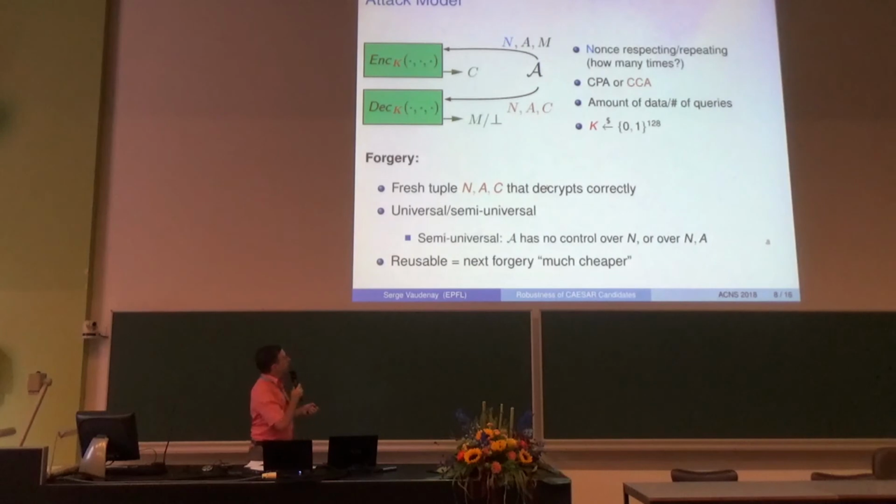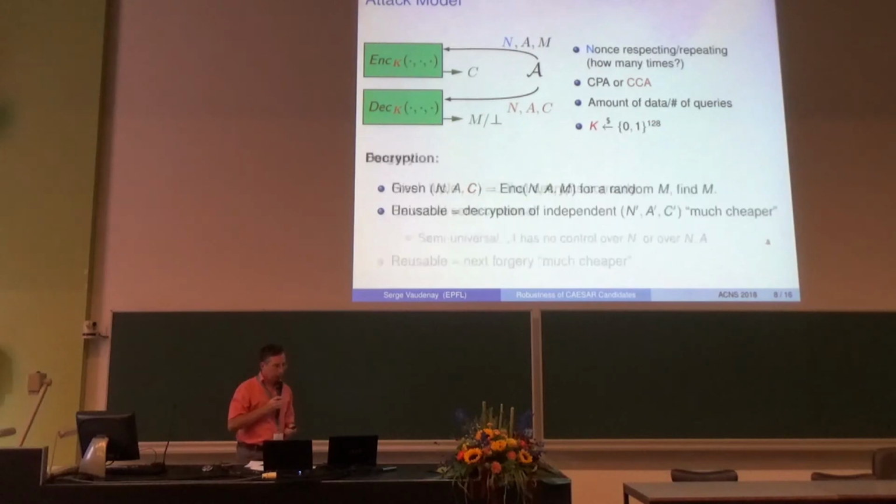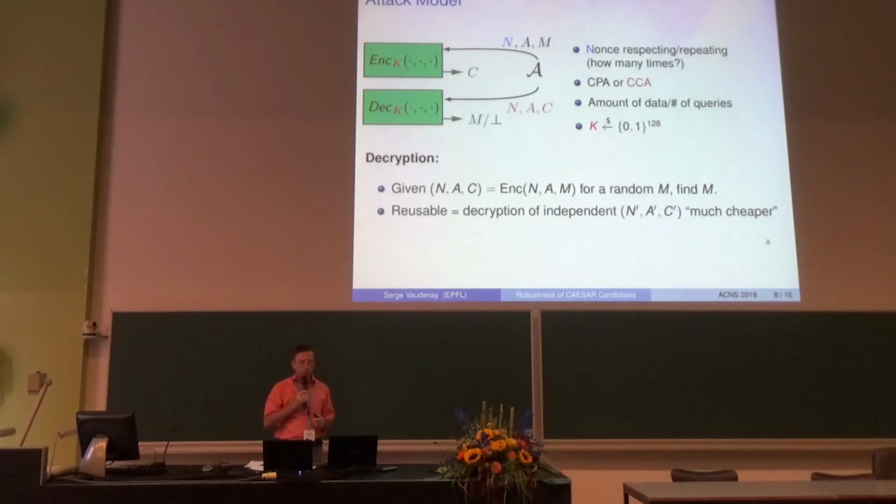And we wonder if the forgery is reusable or not. Reusable means that once we succeeded in making one forgery, the next forgery is much cheaper. So that's for forgery. For decryption attack, we're given some N, A, C triplet, and the purpose is to decrypt it, to find the corresponding message without querying the decryption oracle.